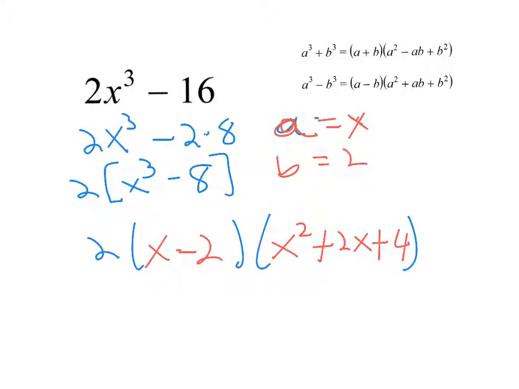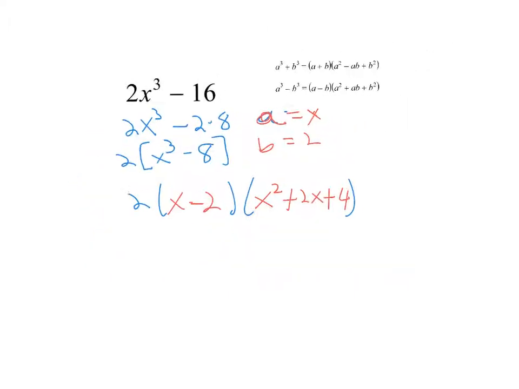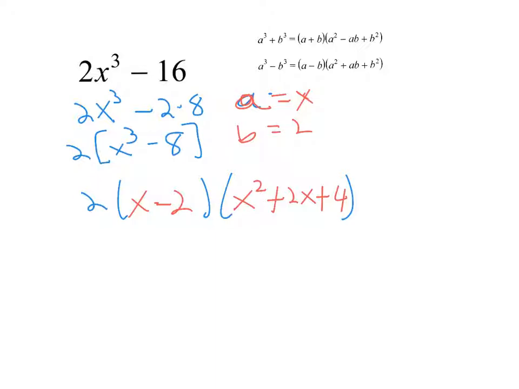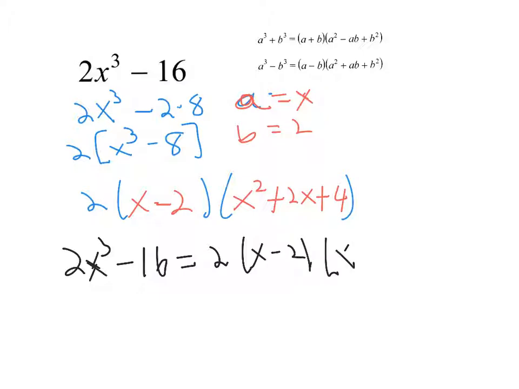So what we're saying is that if we're going to write this out completely, it will be 2x cubed minus 16 equals 2 parentheses x minus 2 and x squared plus 2x plus 4.